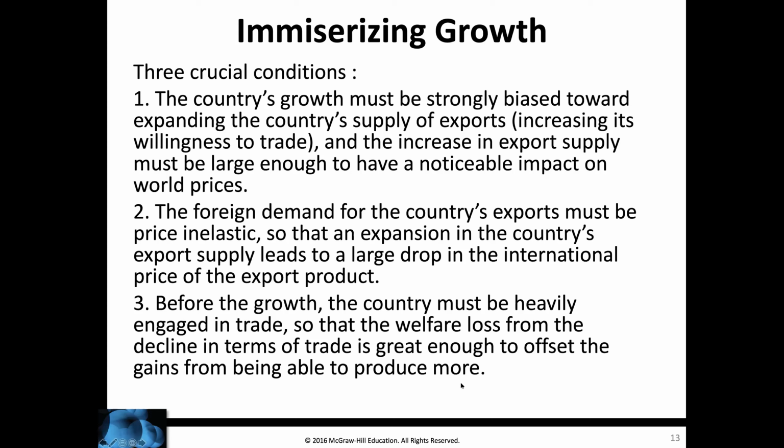This export of wheat, having more supply of exports, will affect the international price of the export. And so that might harm the US more than the gain from being able to produce more, having more land.